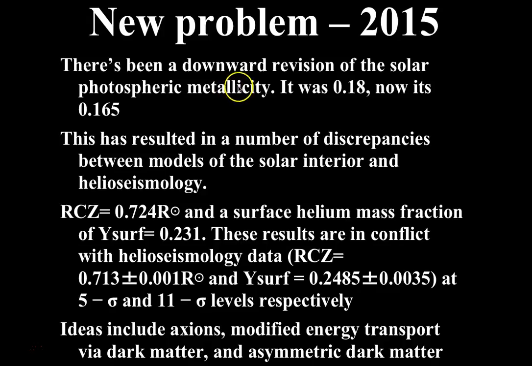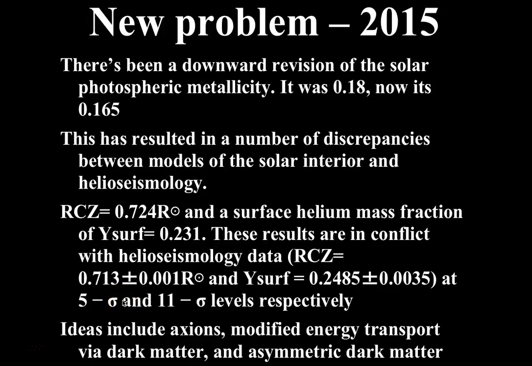If density changes, then that's going to cause sound waves to travel differently in the sun, which is going to give rise to raised parts of the sun and lowered parts of the sun. And our models are indicating that the metallicity is not what we'd expect. These are the two numbers here, 0.7 versus 0.2, and look at the error bars on this stuff. They're tremendous, and they don't agree.